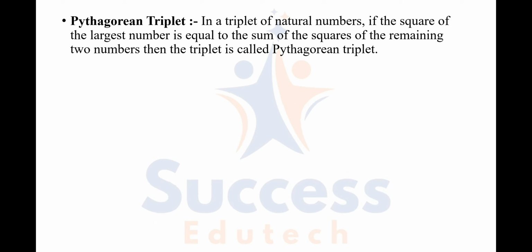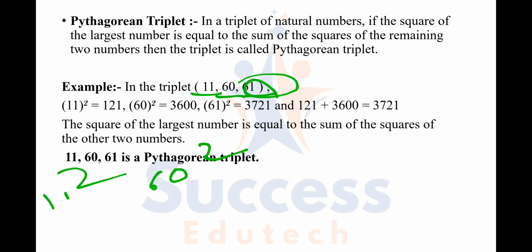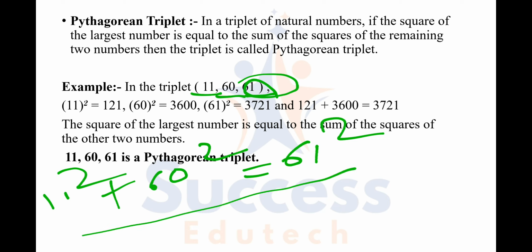Now check another example. These are the three numbers 11, 60 and 61. So I am making 11 square, 60 square and 61 square. If 11 square plus 60 square is equal to 61 square, that means these numbers are a Pythagorean triplet.